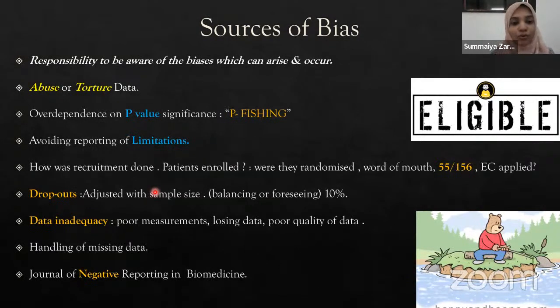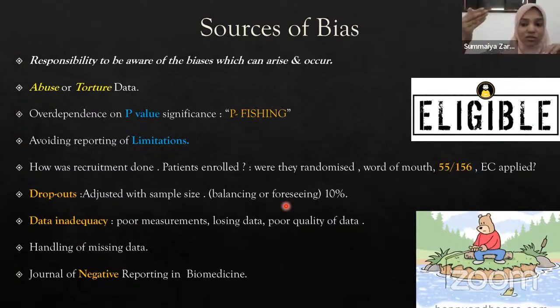This is called balancing or foreseeing the dropout rate, and a 10% dropout rate is okay. It is allowed even if you report it in your manuscript. 55 10% is 5, so even if you have 5 dropouts, it is okay. 5 to 6 dropouts are fine. Okay, so report it.